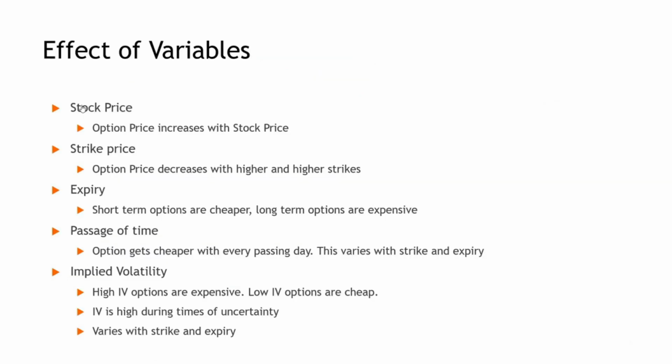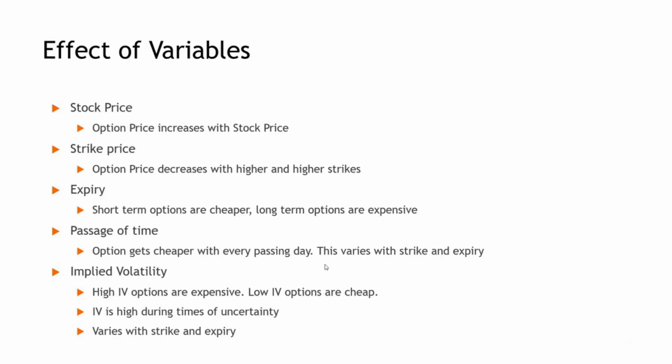So the stock price affects the option, strike price affects the option, expiry affects the option, passage of time affects the option, IV affects the option. All these things affect options, and they affect them in different ways depending on the strike and expiry. This could be confusing.